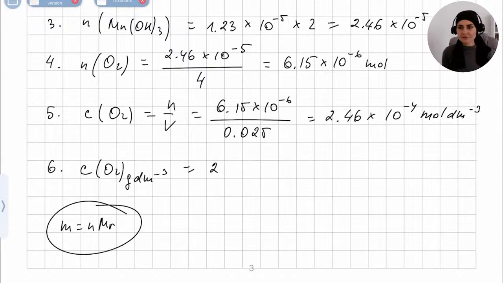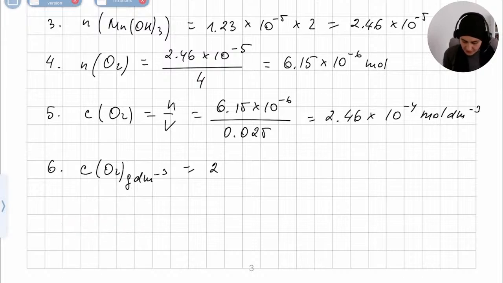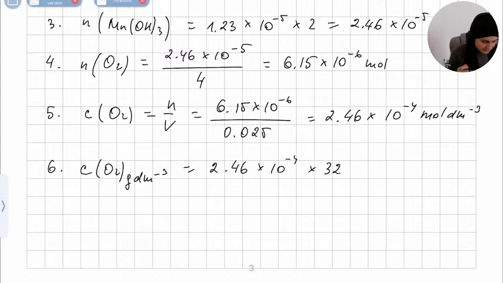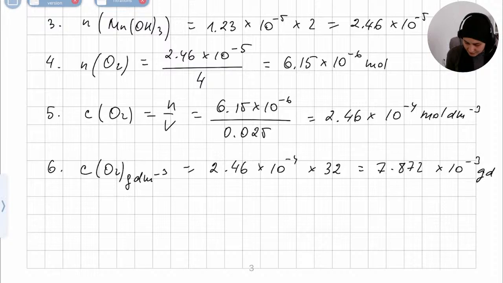These formulas have to be learned like a multiplication table. You don't have to think about them, you just have to know them really well. So times 32, so that is 7.872 times 10 to the minus 3 grams per cubic decimeter.